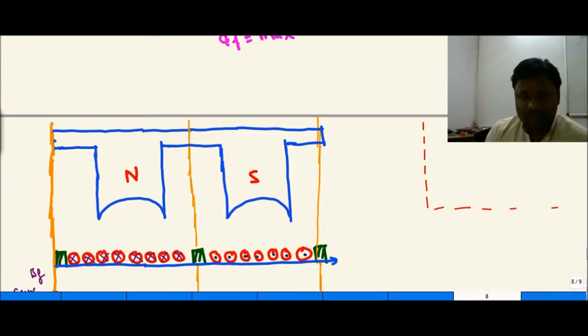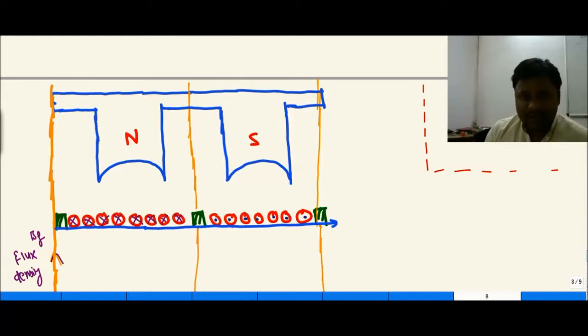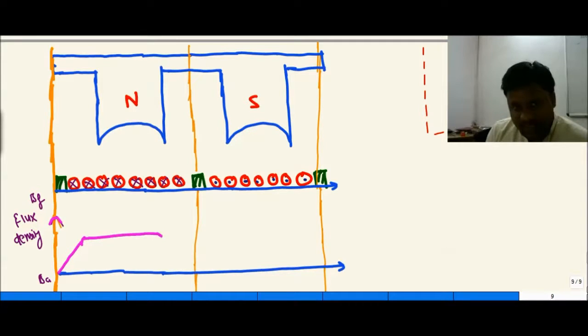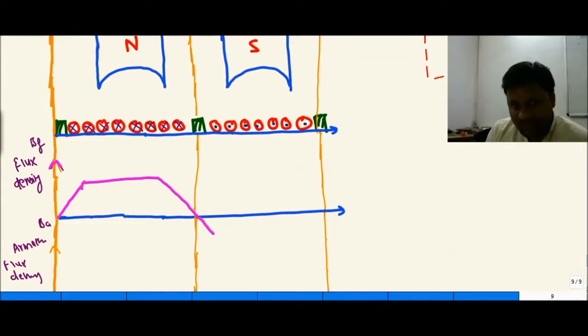If I make a bisector of it and draw it on a plain sheet of paper, it looks like this. Here we have the field flux, which is maximum under the influence of north and minimum at the pole tips. Similarly, it is maximum under the influence of south and minimum at the brush axis.